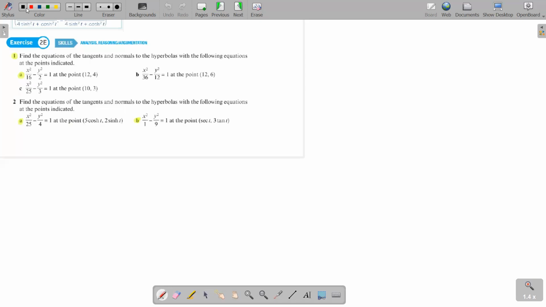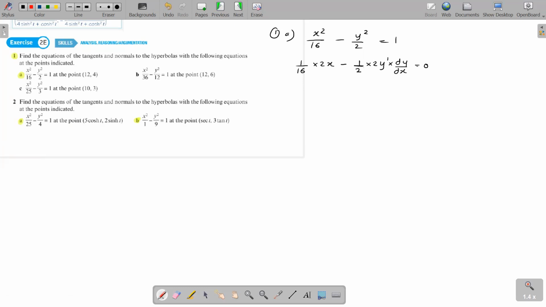So for part A, we have x square over 16 minus y square over 2 equals 1. First thing is to differentiate with respect to x. 1 over 16 stays, x square differentiation is 2x. 1 over 2 stays, y square differentiation is 2y to the power 1, and y differentiation is dy over dx, equals 0.